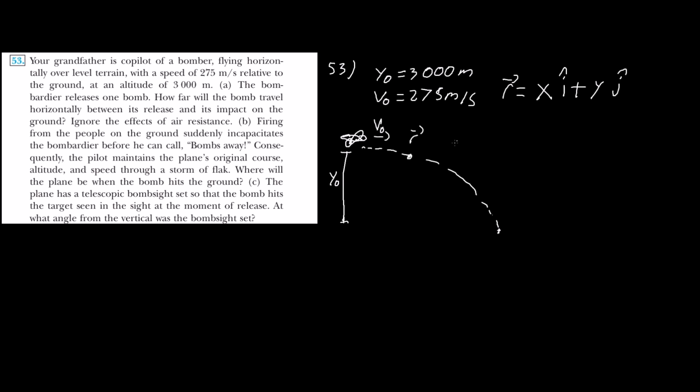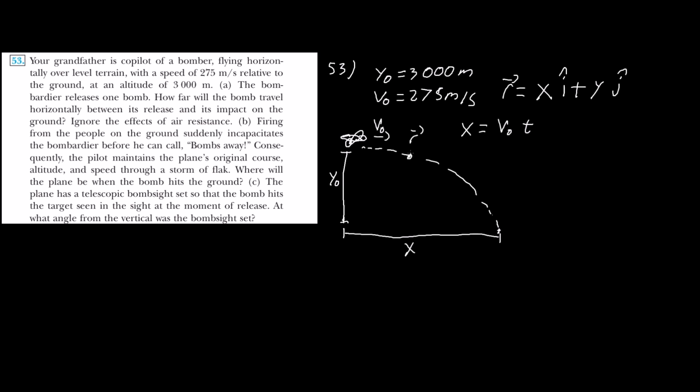We want to see how far this travels, so we're going to call that x. And x is really just going to be v naught times the time it takes. That's it, folks. Depending on the time it takes, that's x.